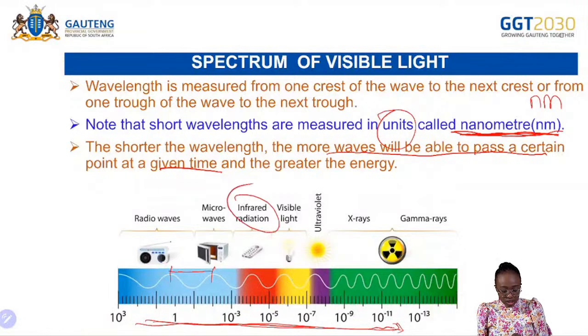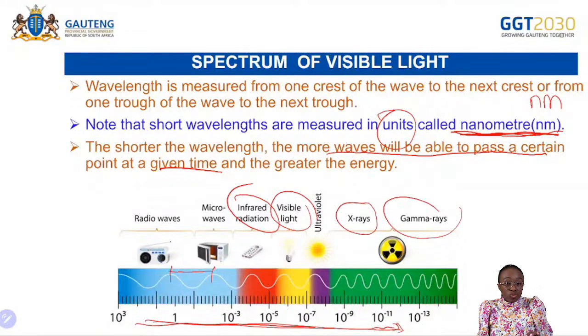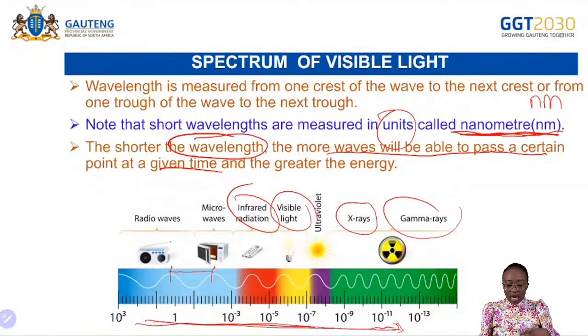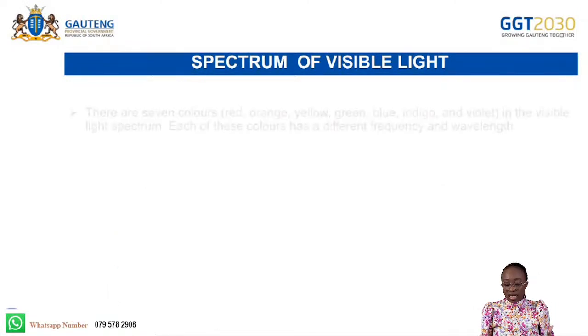I've got infrared radiation, the smaller waves, the visible light, X-rays, and then gamma rays. So they become shorter and shorter. And these that have a short wavelength are able to pass a certain point quickly, meaning they have a very high frequency, and this means they have greater energy.